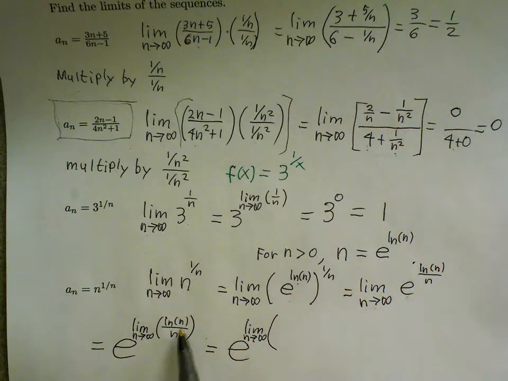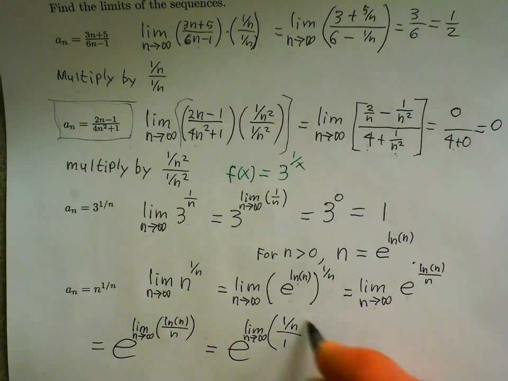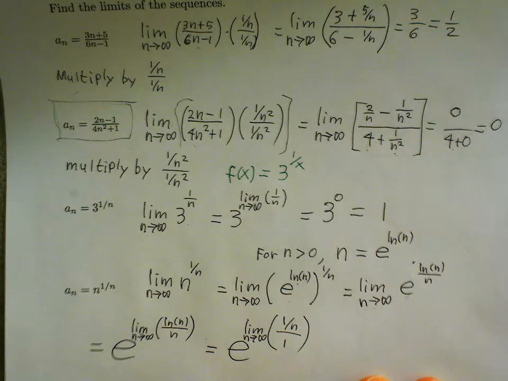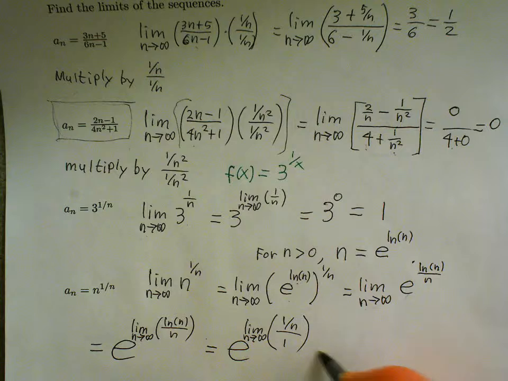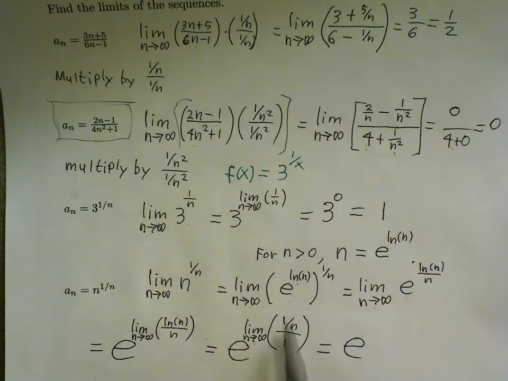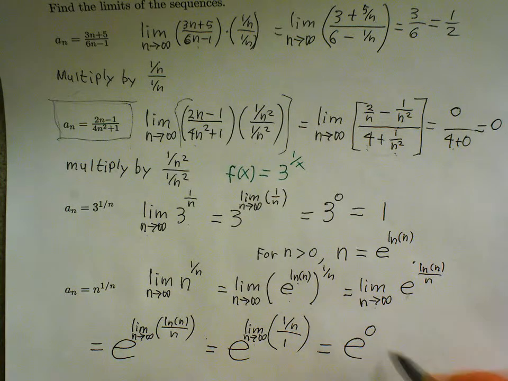Okay, so the derivative of the natural log of n is 1 over n. We're taking the derivative with respect to n. And in the denominator, the derivative of n with respect to n is 1. And now we can compute the limit. The limit of 1 over n as n approaches infinity is 0. So we get e to the 0, which is 1.